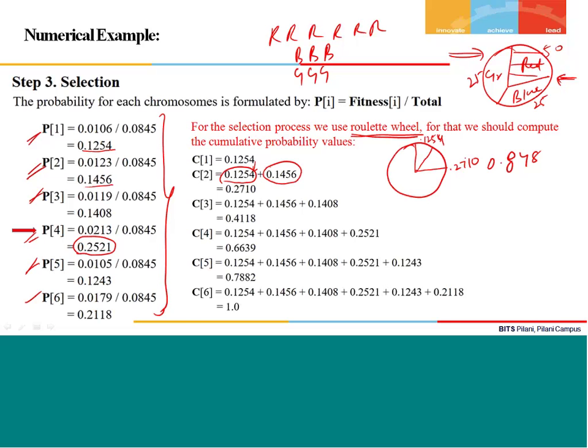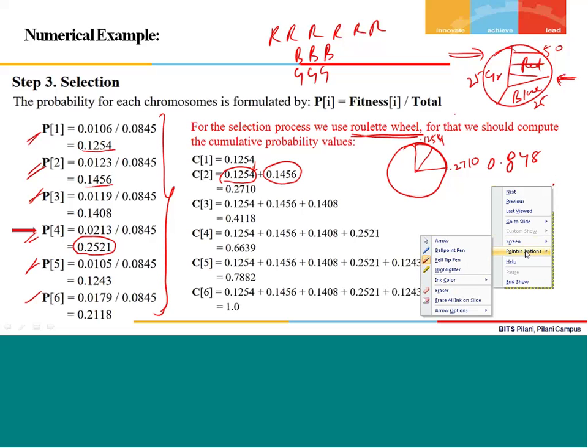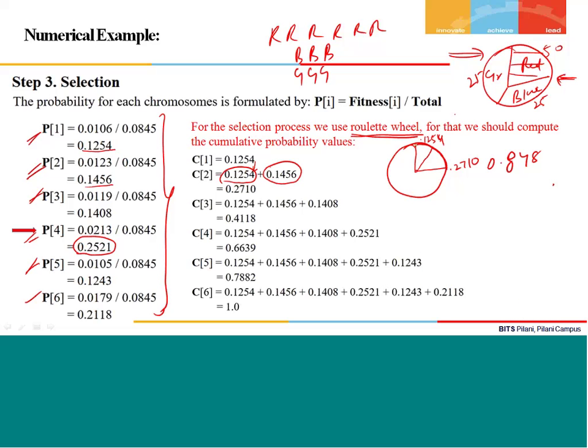0.2710. So this 0.2710 is from here to here, right? Because this is addition. And this 0.1254, this 0.2710 is from here to here, only from here to here.